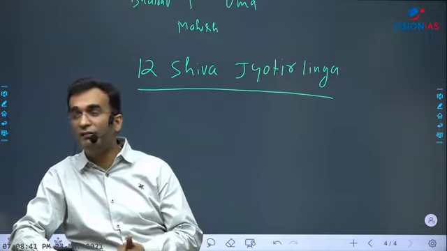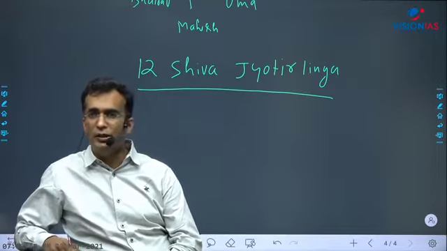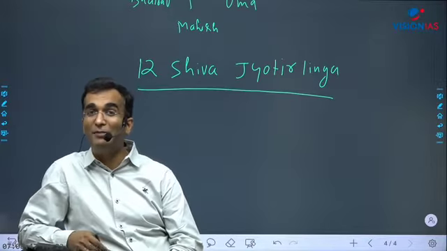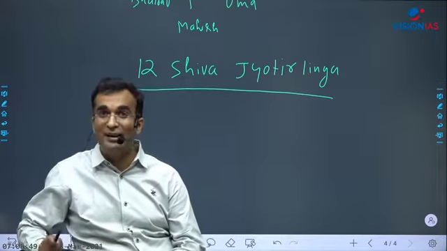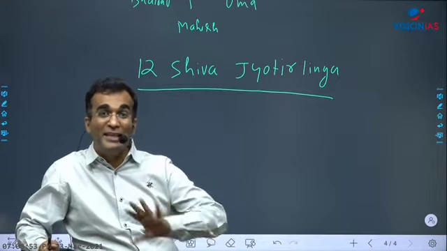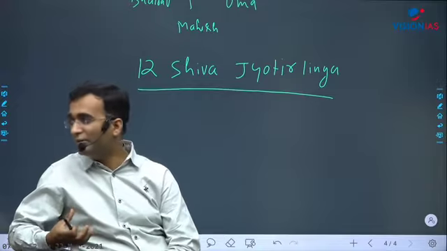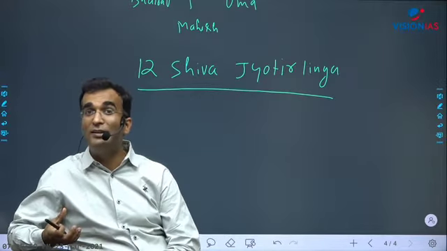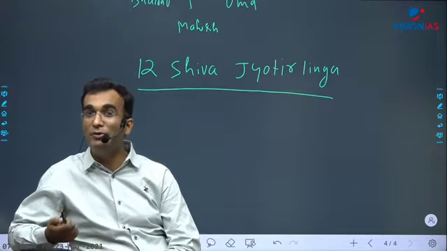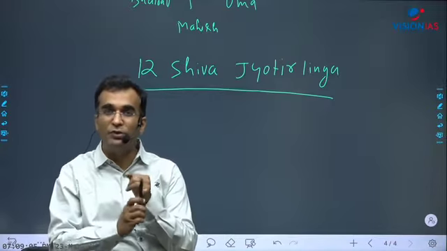As I mentioned, the very first one is Trimbakeshwar. I hope you have all come across this particular mantra. Maybe people in your families do the recitation of the mantra known as the Triambak mantra, the Mahamrityunjay mantra. How does it start? Om Triambakam. This is the first word.